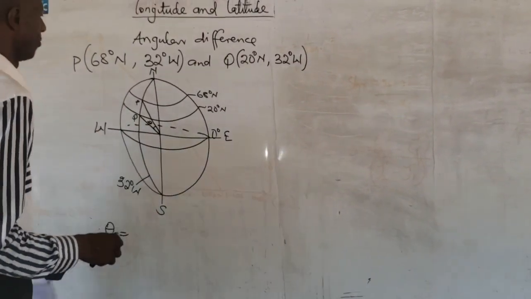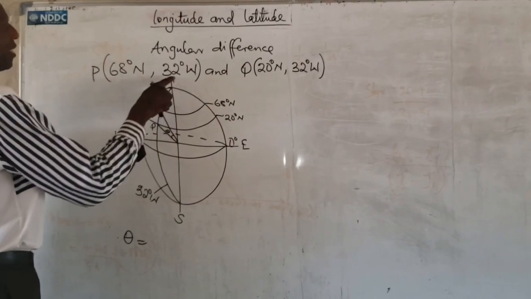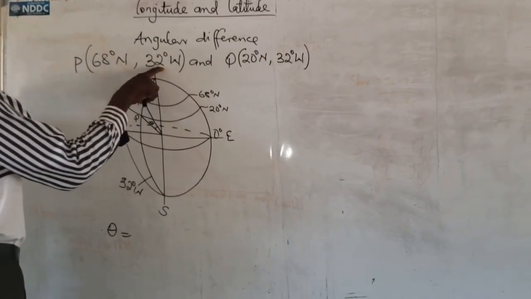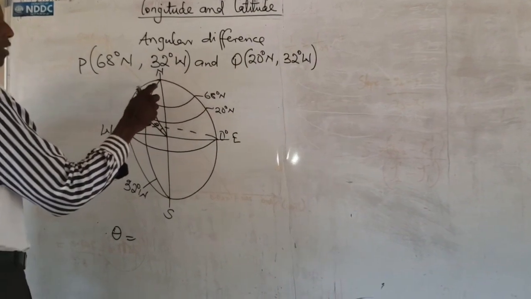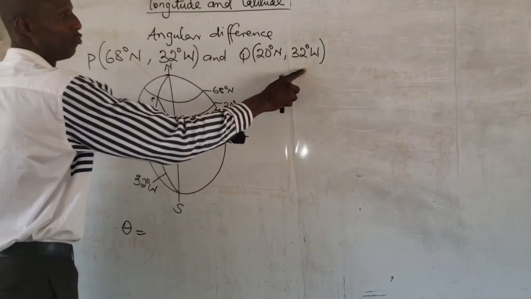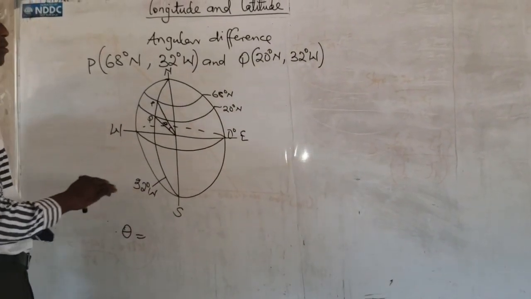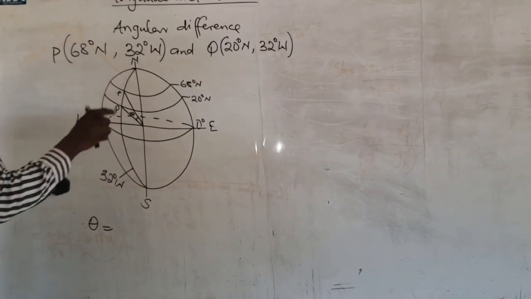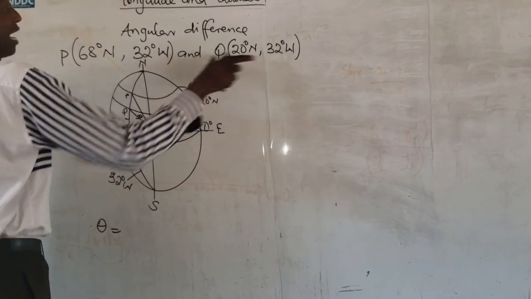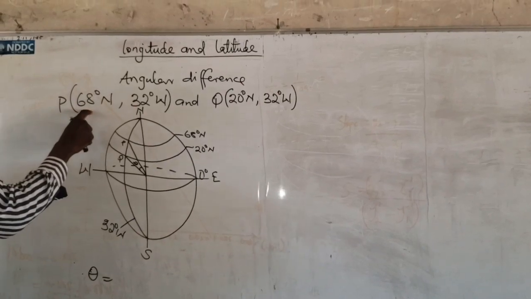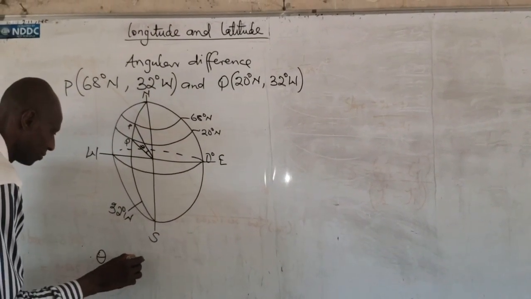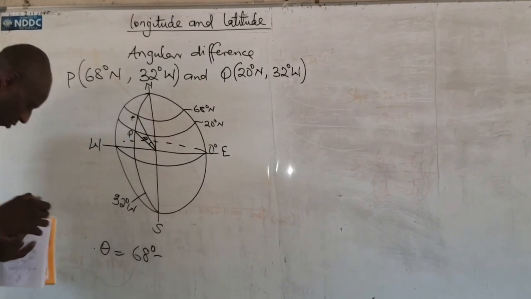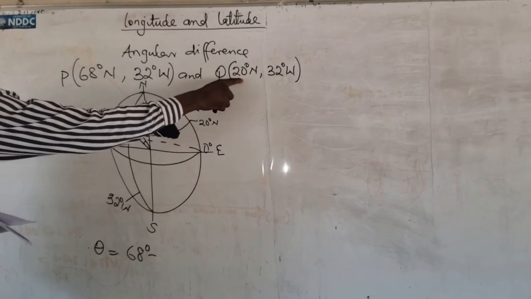in longitude. Now, if you look here, the longitude is 32 degrees. 32 degrees, they are both west. If I now say 32 minus 32 is 0, so the angular distance is 0. Because they have the same longitude, I will get my angular distance from the latitude. Here is 68 degrees north. Here is 20 degrees north.